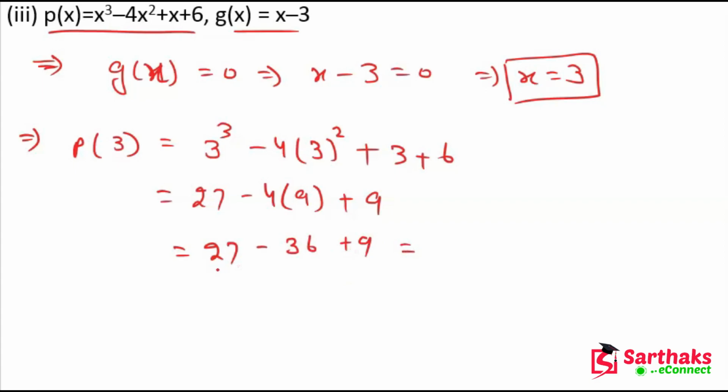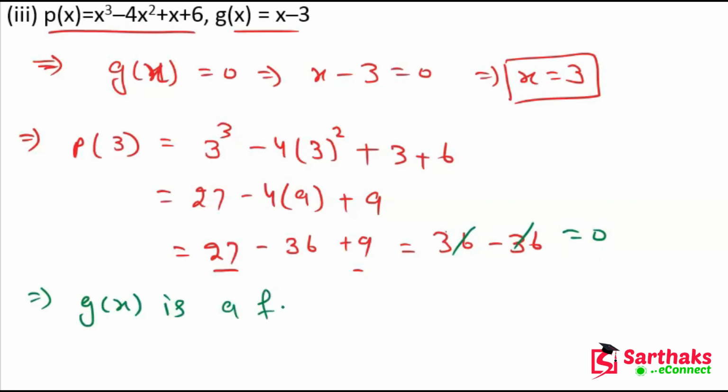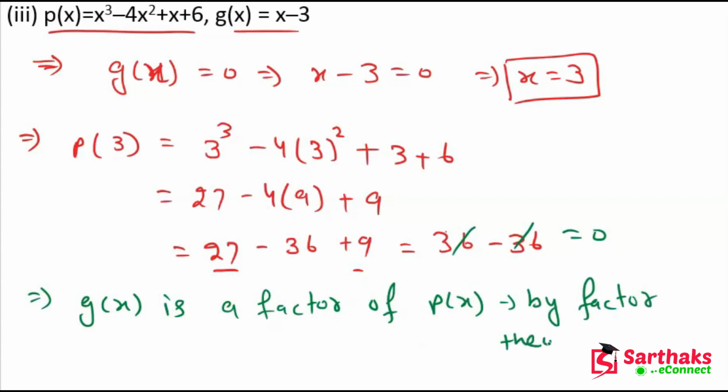If we add 27 plus 9, we get 36, and we have minus 36. So my dear friends, this will become 0. So here we can say that g of x is a factor of p of x by the factor theorem. I hope you understand these things.